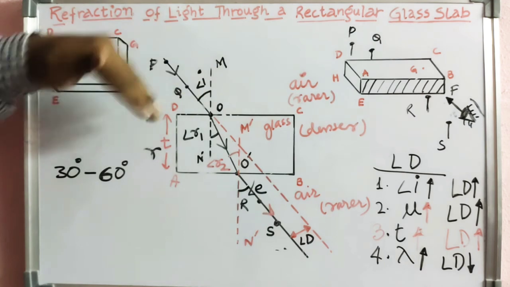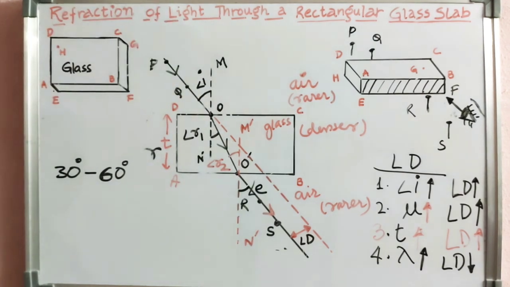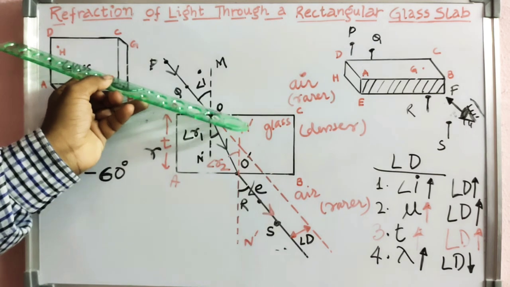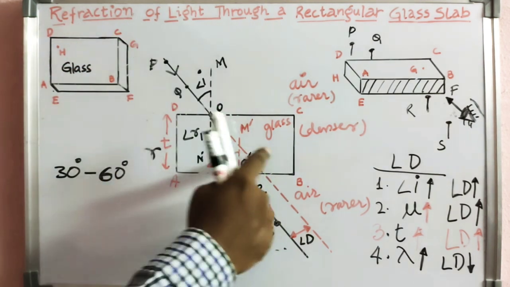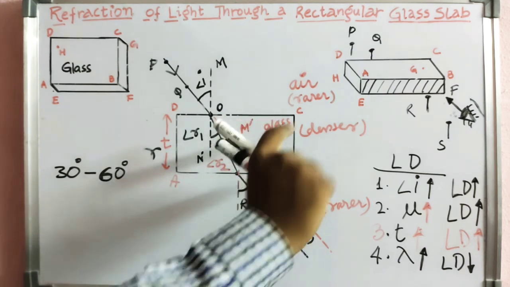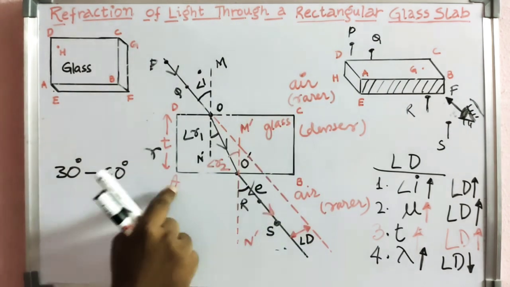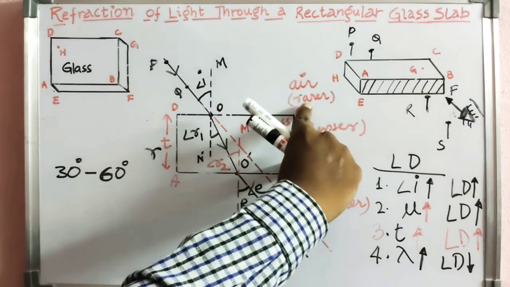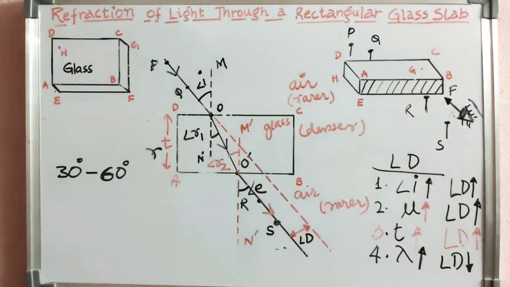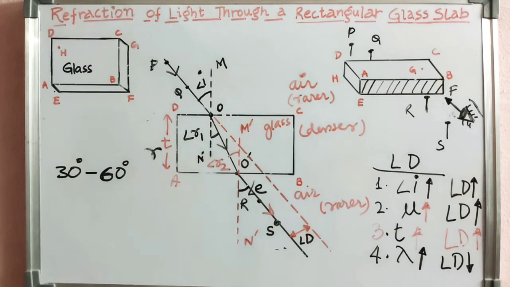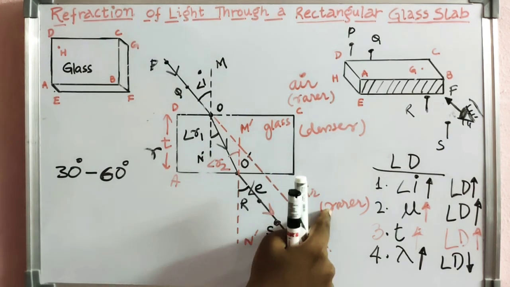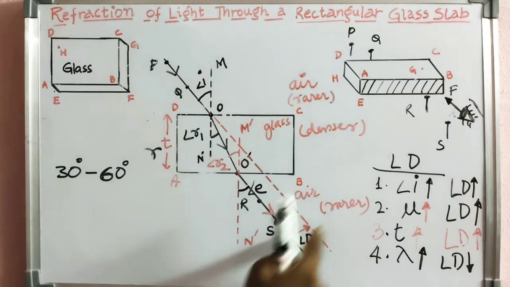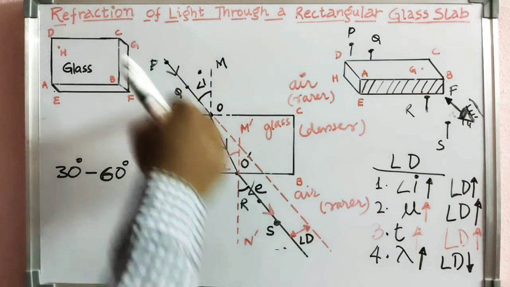If you take more angle like this, there is a chance that the light may refract through the side CB rather than AB, and then the emergent ray will not be parallel to the incident ray.